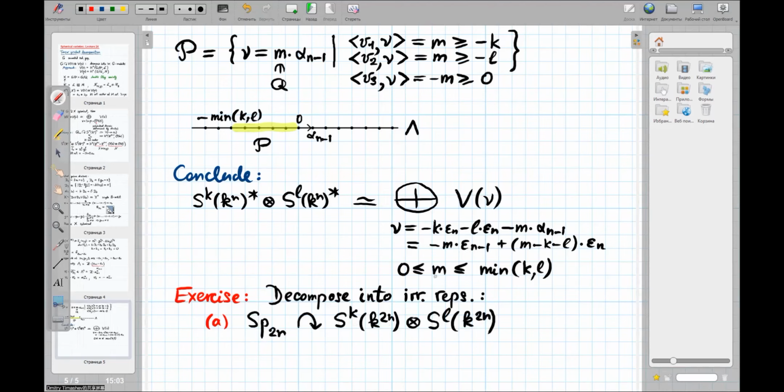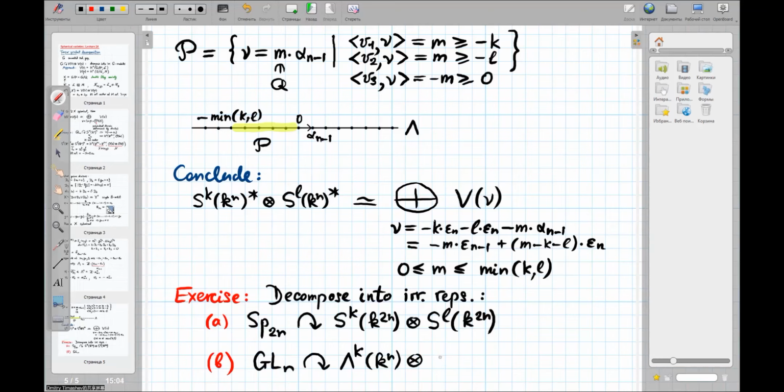So there will appear two parameters. Here everything depends on a single parameter, m. So everything lives on a line, yeah? And in this case, there will appear two parameters, but you have to solve this exercise to find the precise formula. And the second example is again about GL_n, but now the exercise is to decompose into irreducible representations of GL_n the tensor product of two wedge powers of the standard representation.